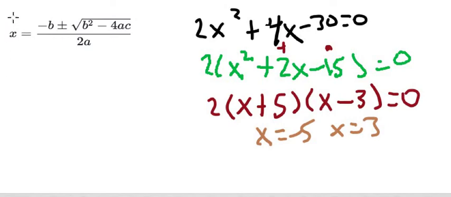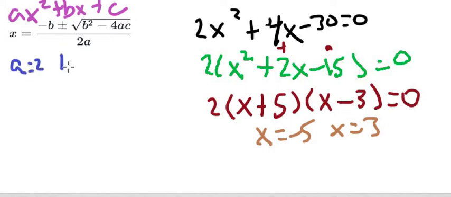These always go in the form of ax squared plus bx plus c. So you want to identify your a, b, and c first. So your a in this equation is 2, your b is 4, and your c is negative 30. And we're going to put those values into the quadratic formula pretty carefully.